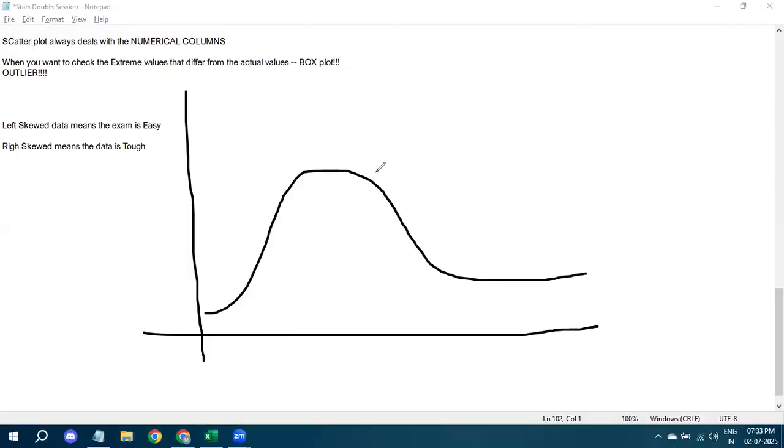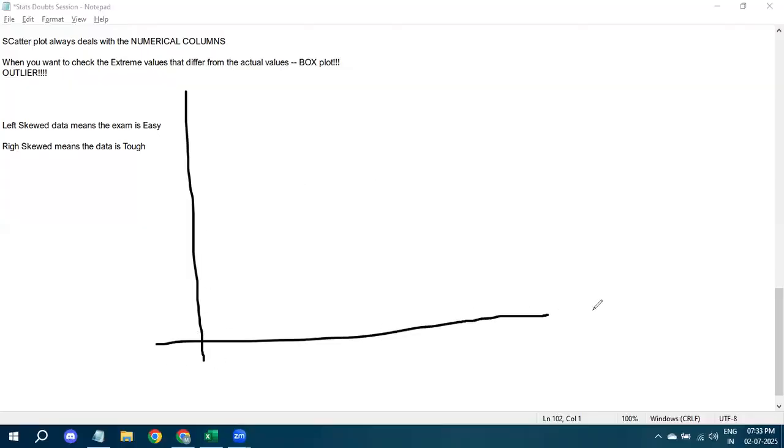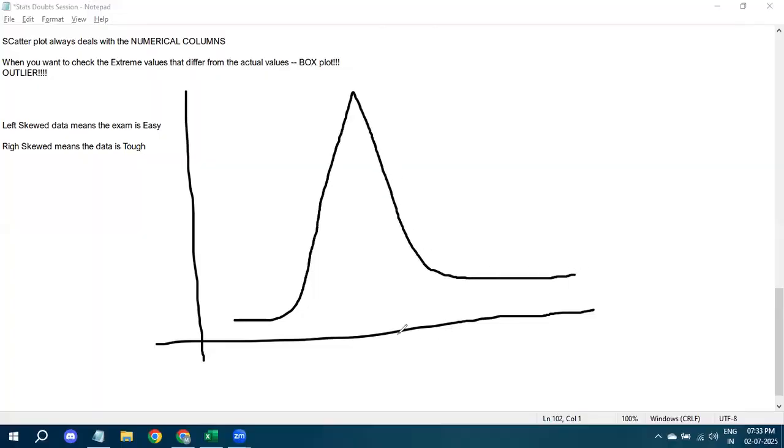For example, if I am having data like this, do I have a sharp peak or not here? Kurtosis talks about this particular mountain, how sharp the peak is. It will not talk about the distribution. A sharp peak is called leptokurtosis. Plateau means flat.